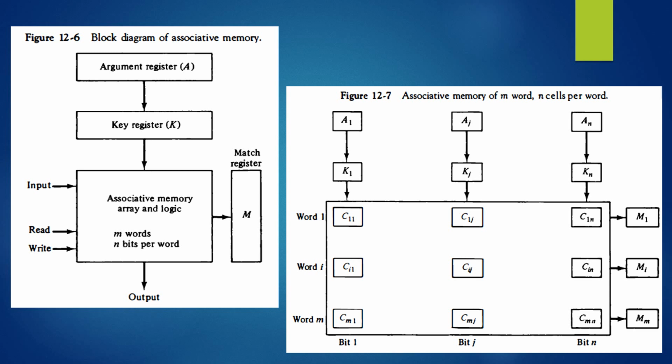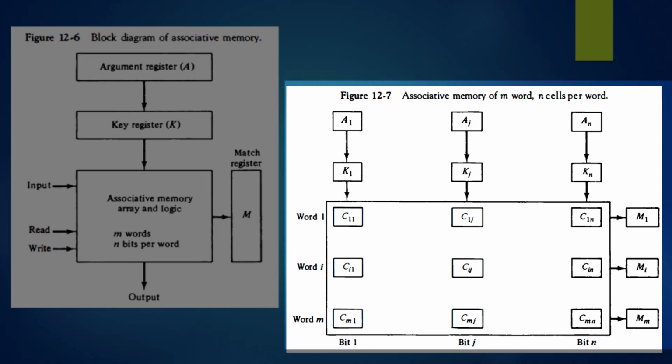Now as shown in the block diagram, we can provide the input, we can read and we can write the associative memory. What I just told you about the size, you can see on the right hand side: associative memory of M words, n cells per word.